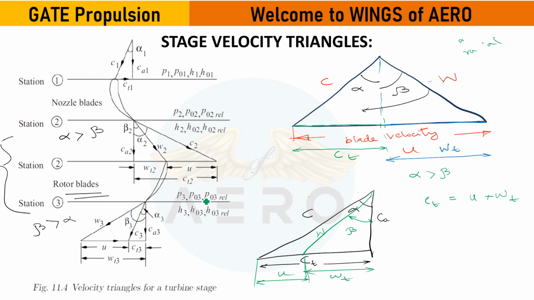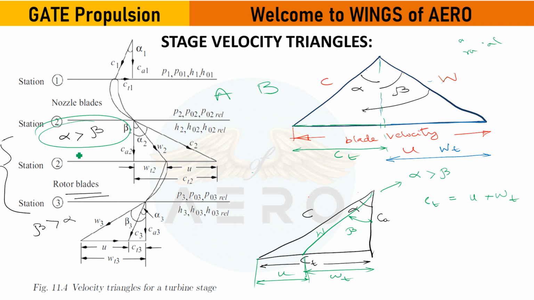Agree? This is the condition I have made, alpha greater than beta. However you draw, nobody is going to check whether you are drawing the right side or the left side. Understand the concept, that is very important. Now here is another clue: the most confusing part is whether to keep alpha first or beta first. So remember alphabetically, A, B, C, D. A comes first, alpha, then comes beta.